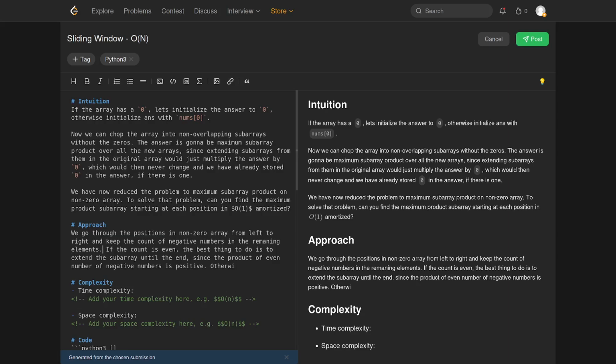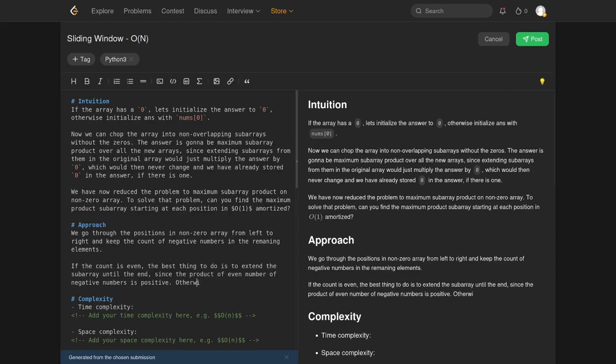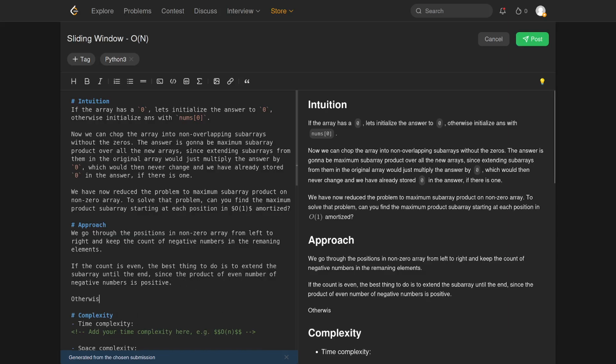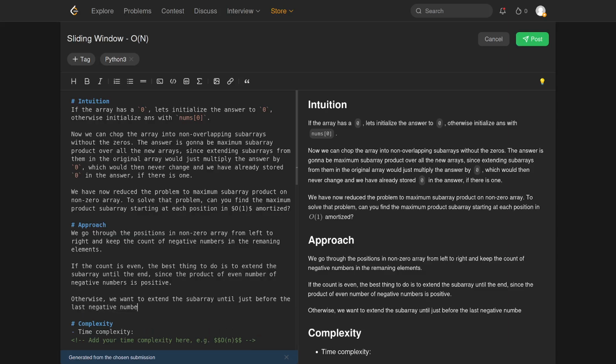Otherwise, we want to extend the subarray until just before the last negative number.